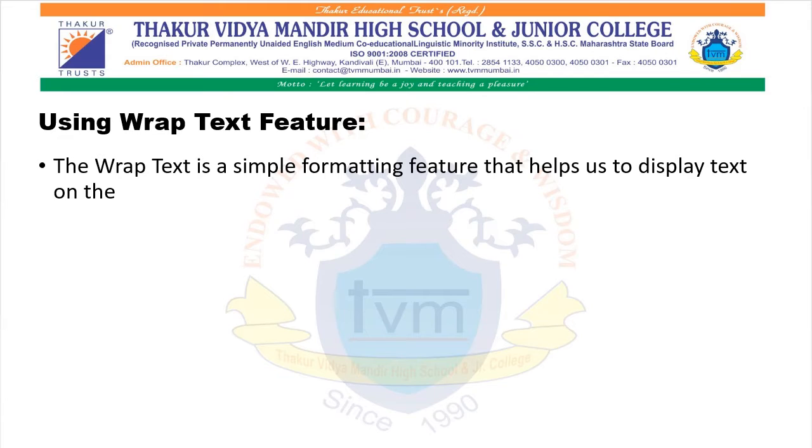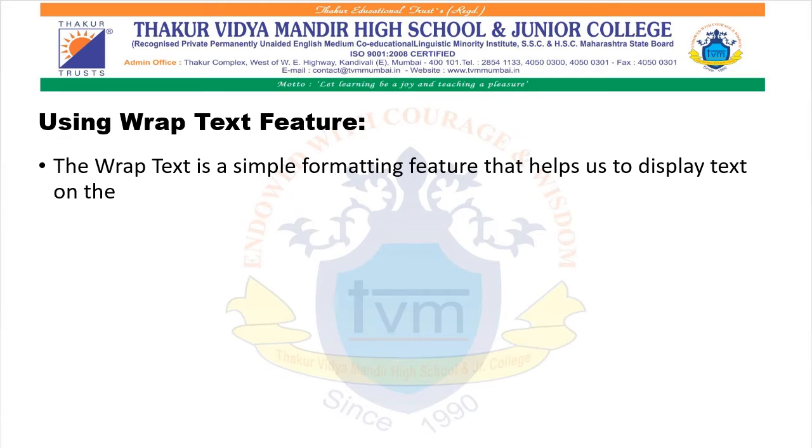This means if the content in a cell is not visible properly, and the height or the width of the cell is comparatively smaller than the content, that time we use the wrap text feature so that the entire data can be visible in the same size of the cell in a new line.